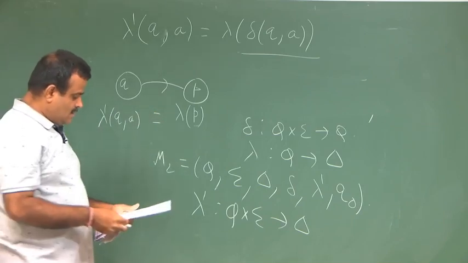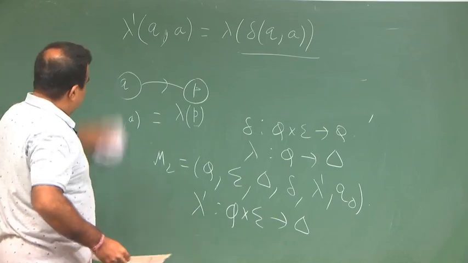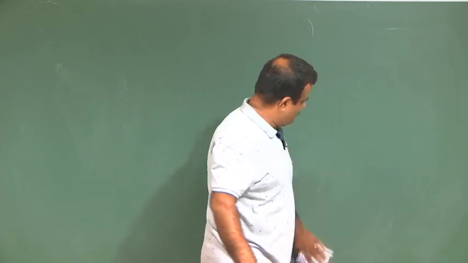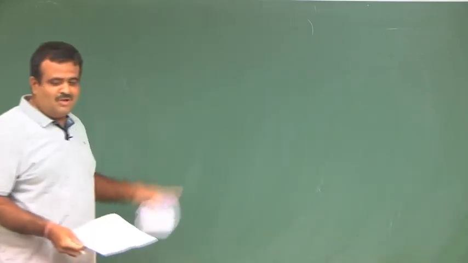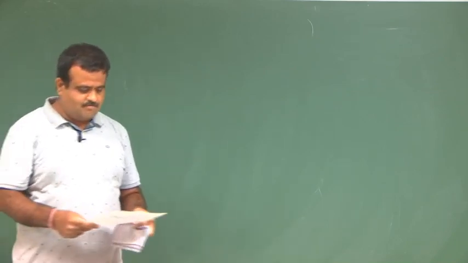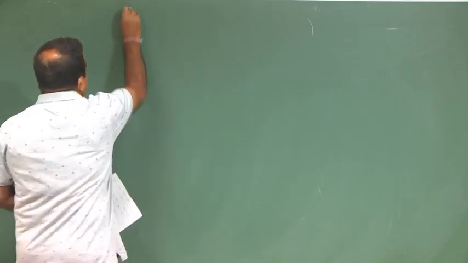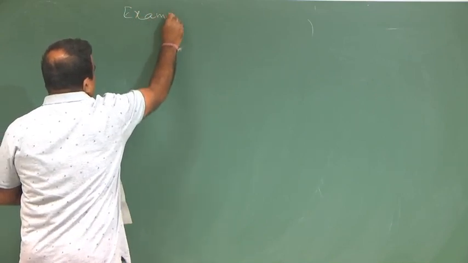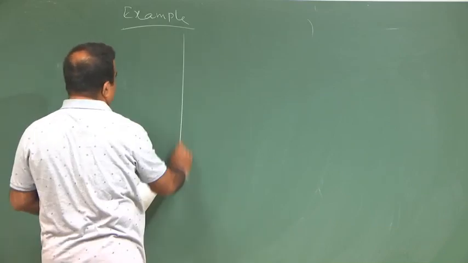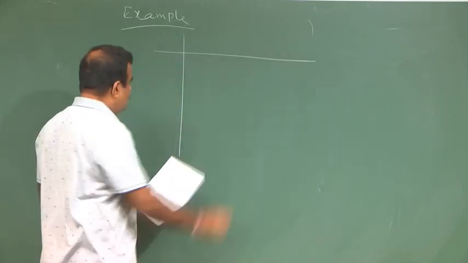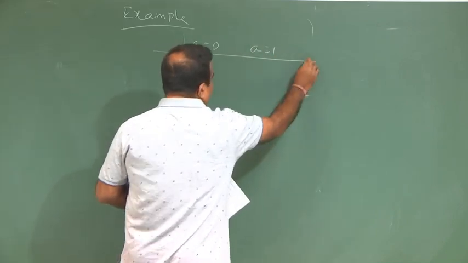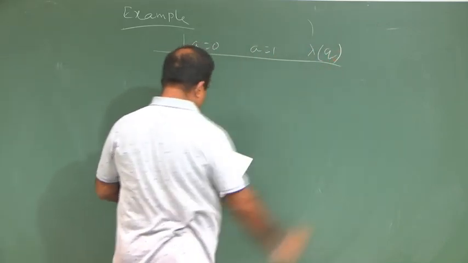Okay, so let us take an example. Actually, the Moore machine is a particular case of the Mealy machine. Suppose we take a Moore machine like this. We have two input alphabet, a0 and a1, and we have lambda of q.